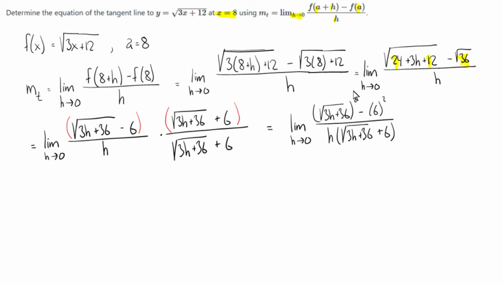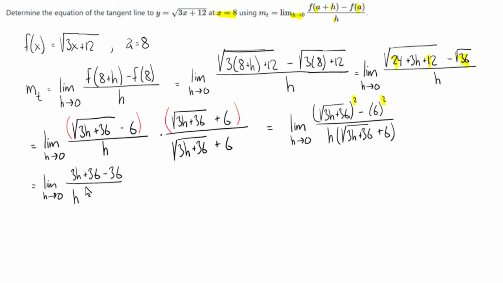Let's evaluate the square terms in the numerator here. If we square a radical, the square root disappears. So we're going to be left with 3h plus 36, and then 6 squared is 36, minus 36.